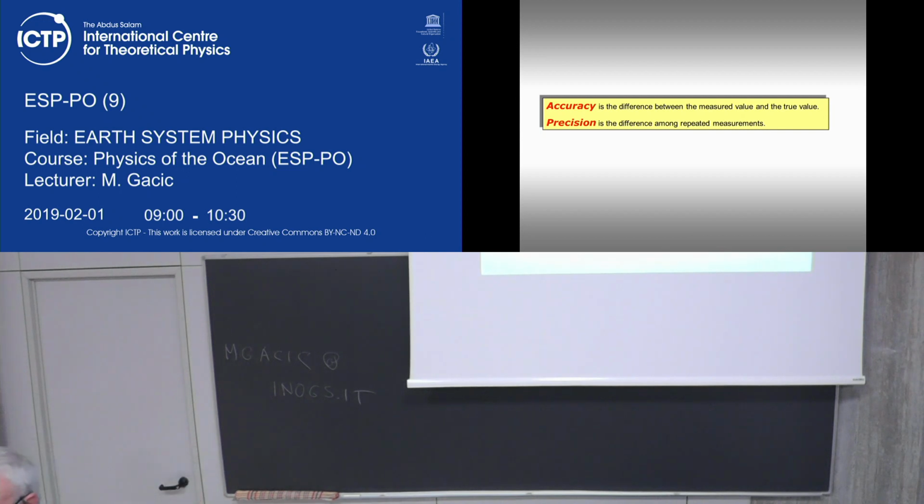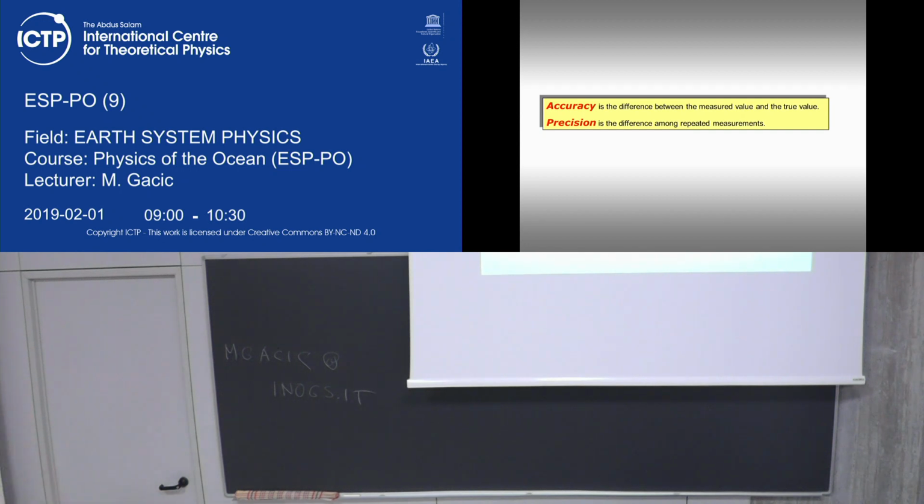In that case our spatial resolution could be very large. You don't have to measure every kilometer in order to resolve the large scale circulation, and you don't have to do the measurements very often. If you want to look only at what is happening at the surface, you choose one specific type of instrument.